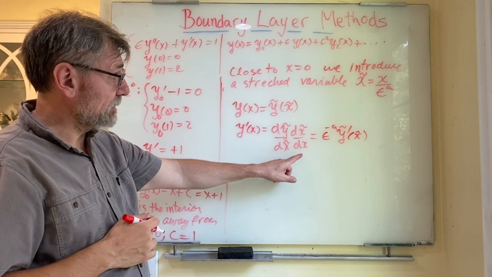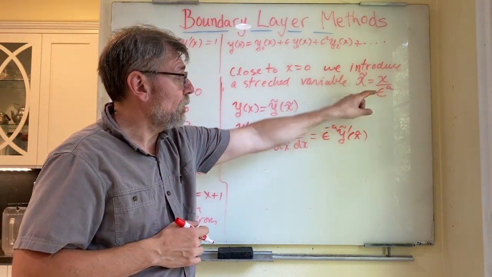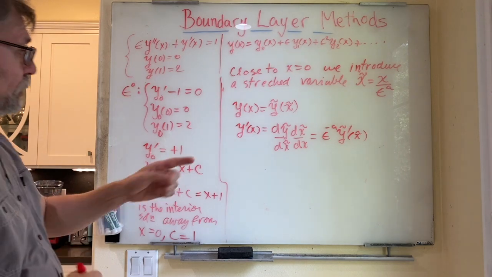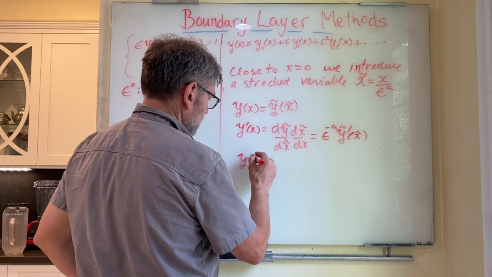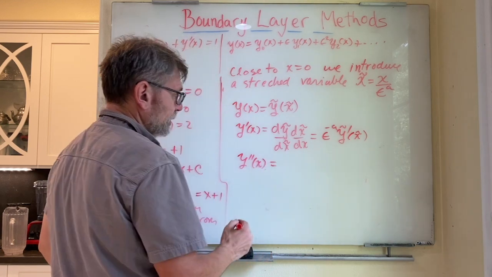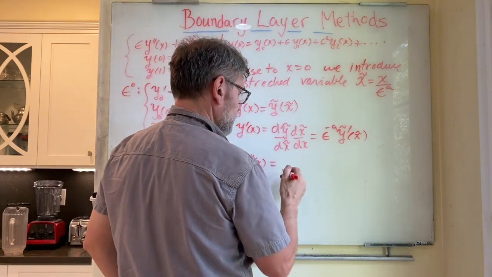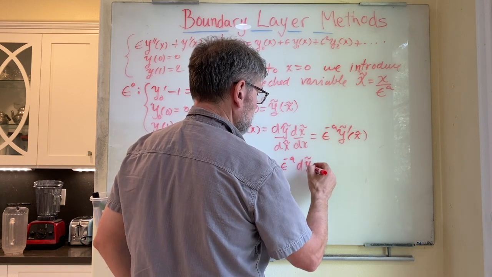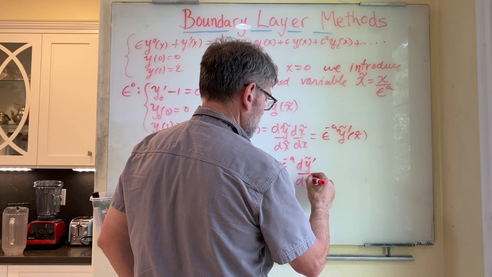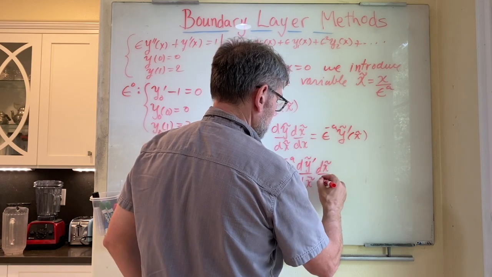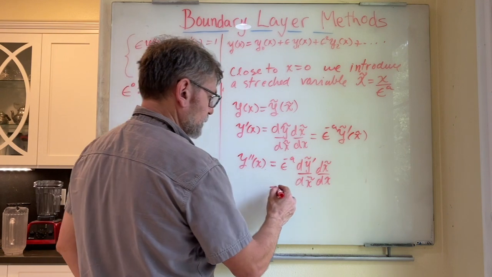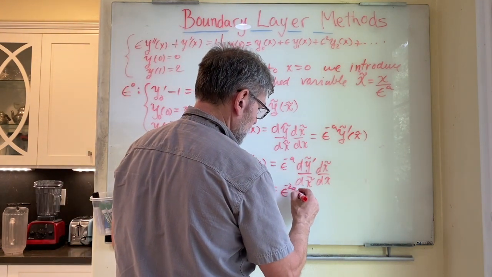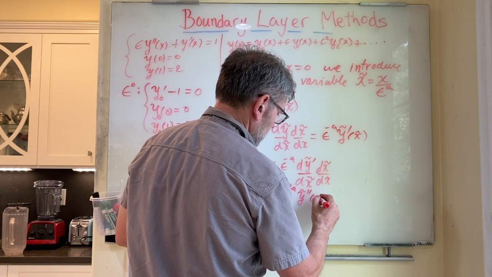So dx tilde/dx gives me a factor of 1 over epsilon to the a. And similarly, for the second derivative, y double prime of x, we take the derivative of this, and we get another factor of epsilon to the minus a, so we get epsilon to the minus 2a times y tilde double prime of x tilde.